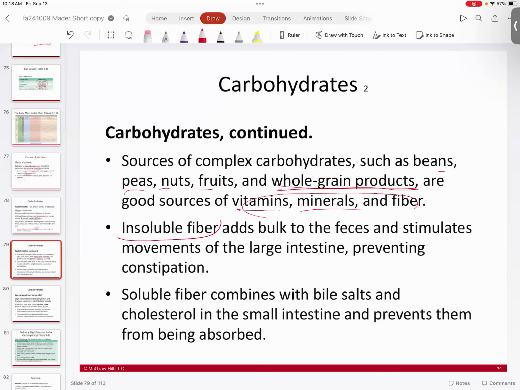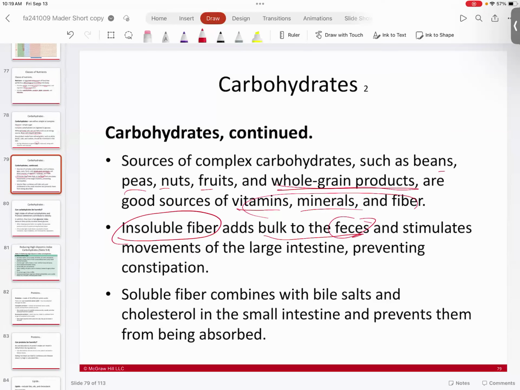Now, insoluble fiber, as opposed to soluble fiber, is what adds bulk to our feces. This is the indigestible stuff that we just mentioned that moves through the large intestine and gets eliminated through the colon. Soluble fiber, on the other hand, is a little bit different.